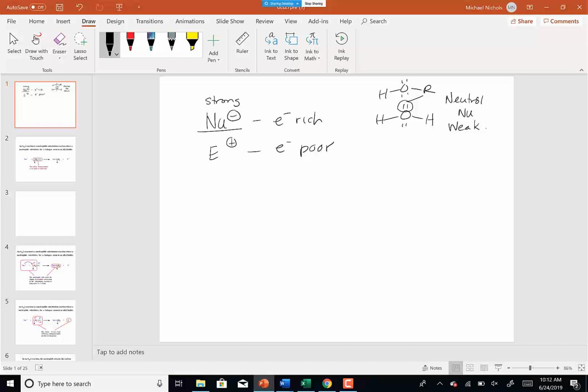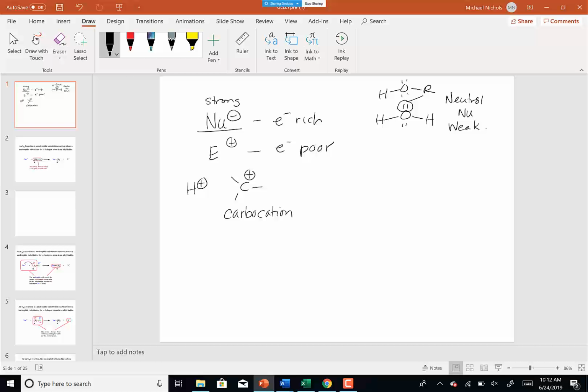Then if you talk about electrophiles, an electrophile with a positive charge is going to be something like a proton, or we are going to find tomorrow that a carbon that only has 3 bonds attached to it also has a positive charge, and this is what we call a carbocation. These are both examples of very strong electrophiles because they have a positive charge.